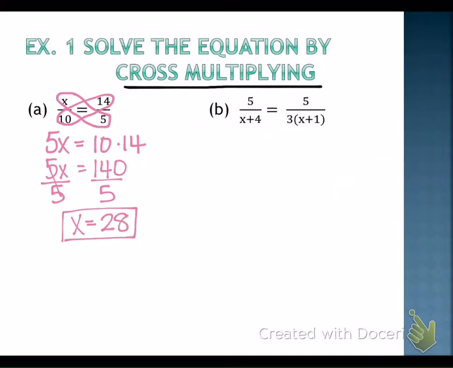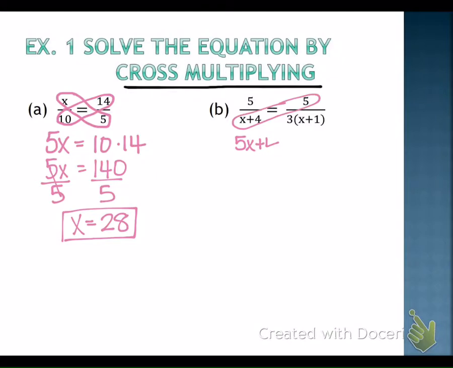Now, letter B is a little bit more difficult for some people because when we cross multiply, we're actually going to be multiplying a number and a binomial. And people make a very simple mistake. So let me show you what not to do. What you don't want to do is cross multiply and write down 5x plus 4. If you do that, you have the wrong expression.